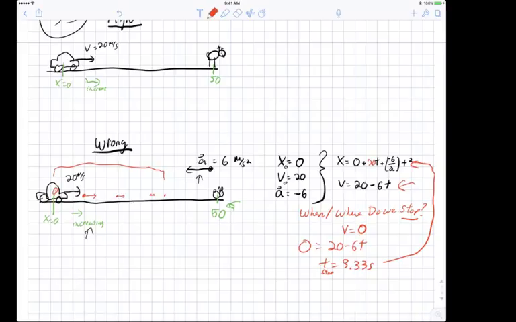Okay. So x is equal to 20 times 3.33 minus 3 times 3.33 all squared. Plug all that into each other. 20 times 3.33 minus 3 times 3.33 all squared. Really? Try that again.